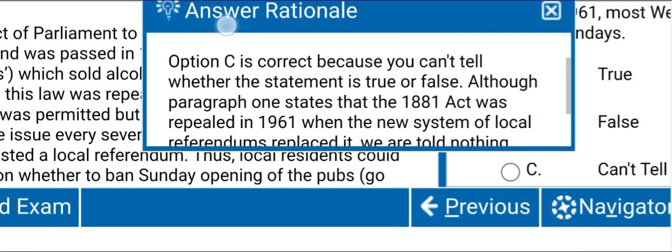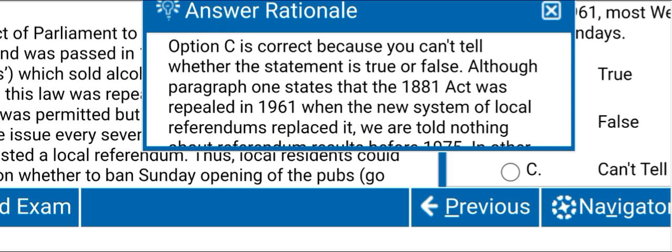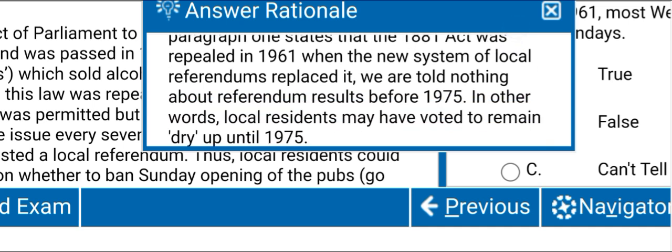So option C is correct, because you can't tell whether the statement is true or false. Paragraph 1 states that the 1881 Act was repealed in 1961 when the new system of local referendums replaced it.